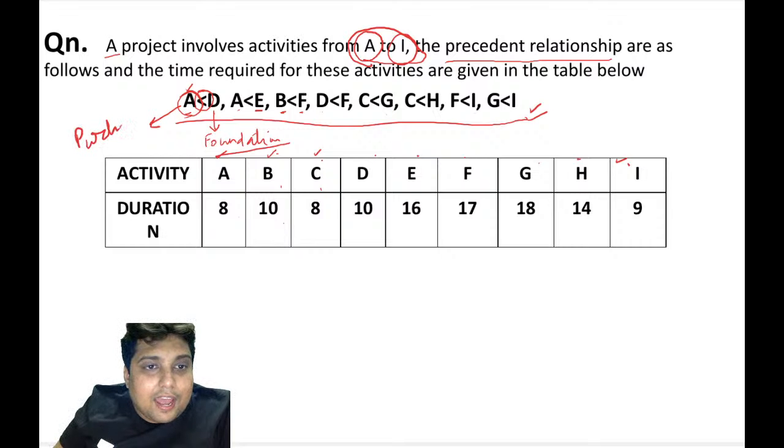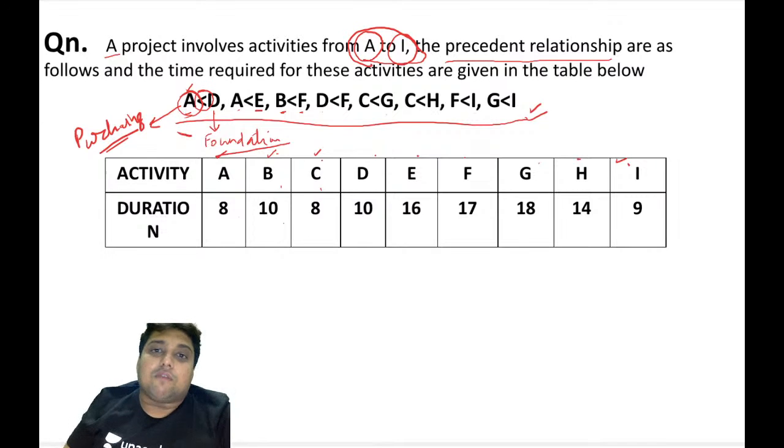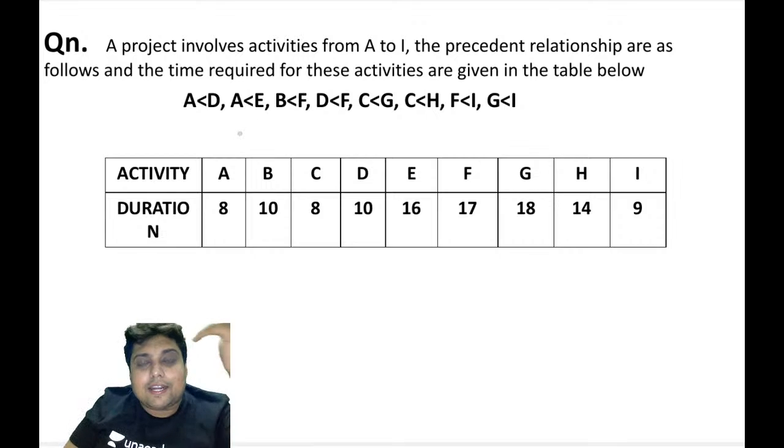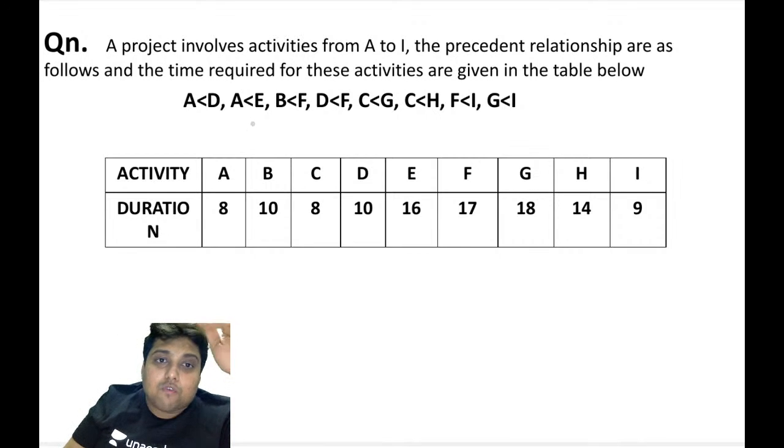And once you have purchased the land, you then only can perform the foundation work. So it simply means activity A is before D. Again, activity A is before E. E must be some activity. And to perform E, you will have to first perform A.